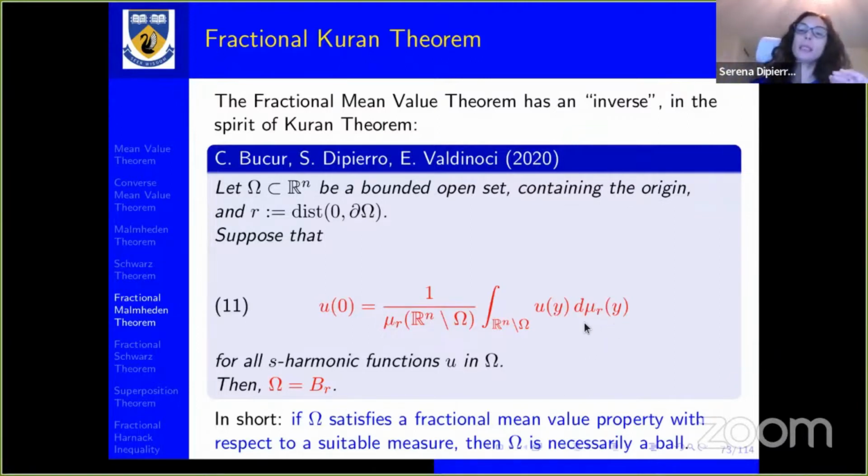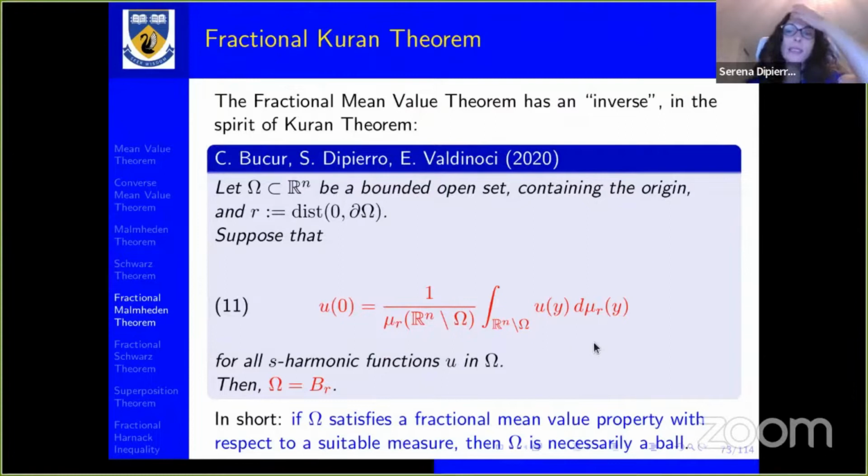That's why I said yesterday, it is reasonable that we put this type of measure, because this is the one somehow that, if you like, converges to the classical mean value formula. And I would not expect that if you put a different measure here, then you would have a result of this type, because this would be somehow a different problem, like the Balayage problem, which is the one of finding the measure which essentially does this job.